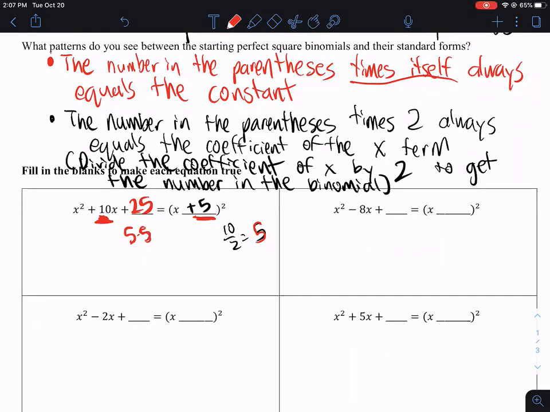Okay, so please see if you can fill out the other 3 boxes in this section. And of course, we can always check our answers ourselves by multiplying it back out.